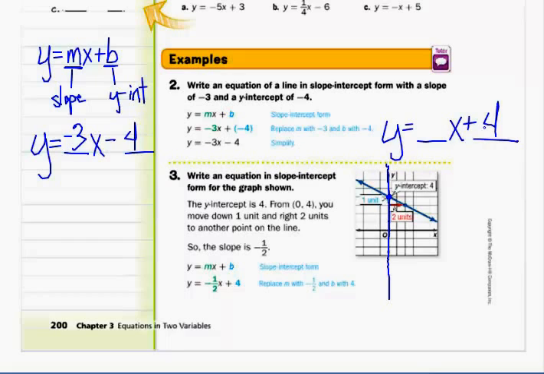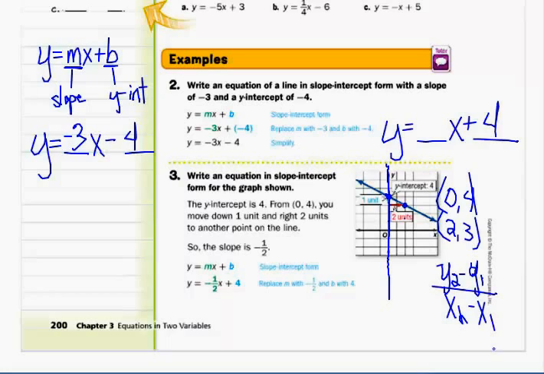And the slope, going from points that I know, like this one right here is (0, 4), and this point right here would be up 1, 2, 3, over 2. Now I could do the slope formula if I wanted to, y2 minus y1 over x2 minus x1.